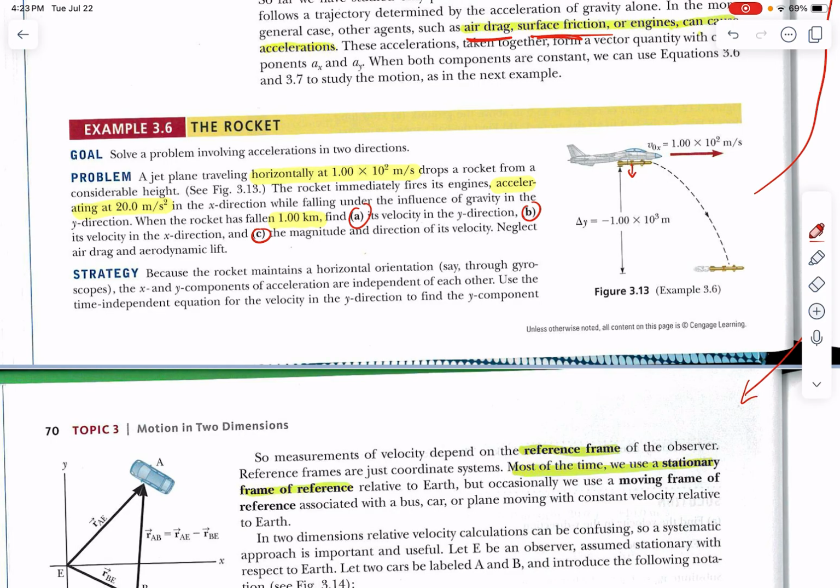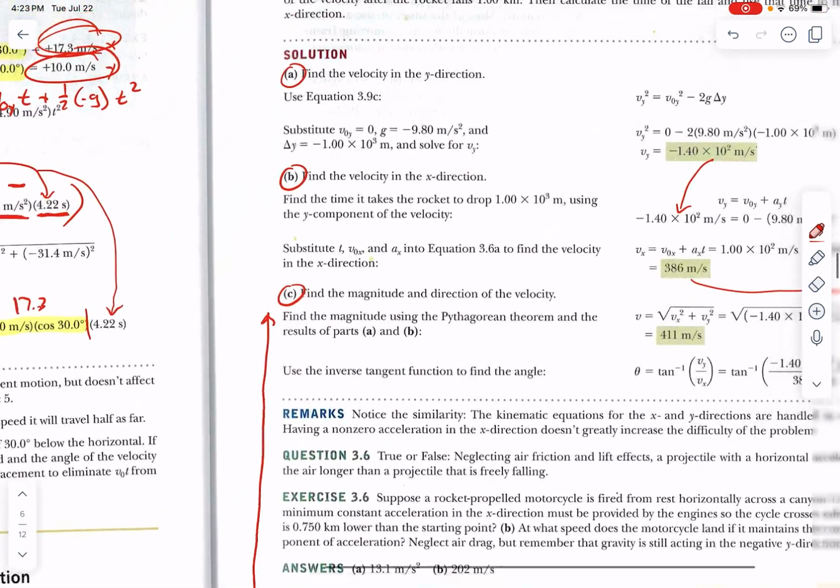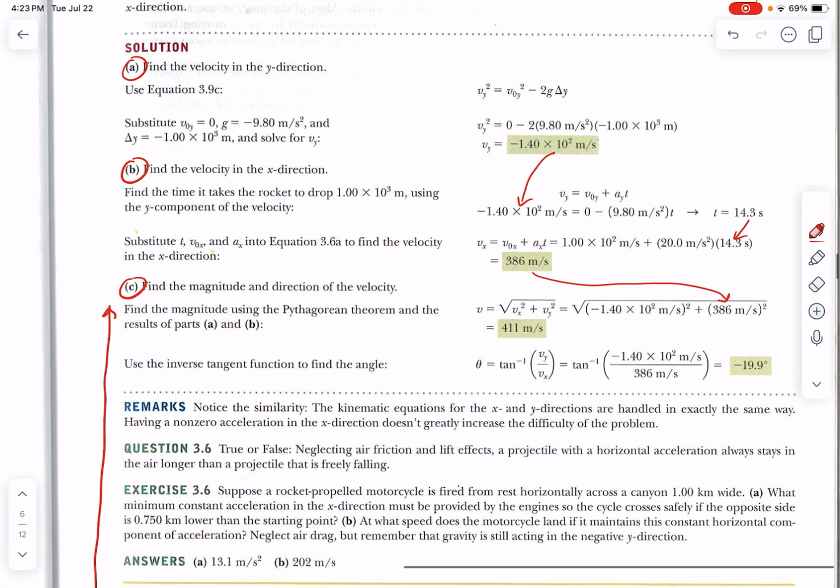So when we look at this problem and the three different parts, the first thing we're going to do is try to find our velocity in the y direction. And so we're going to use this kinematic equation right here, which we haven't used much.